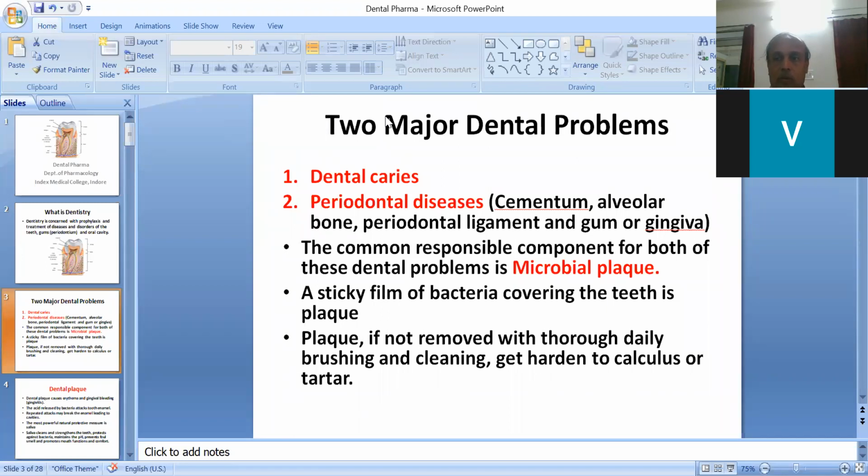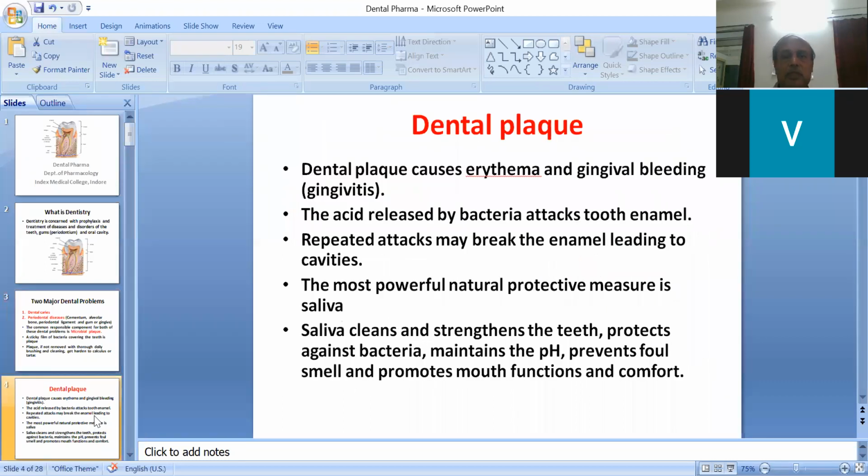So we face two major dental problems, dental caries and periodontal disease, and the common reason for both is the microbial plaque. Let us see first the dental plaque.